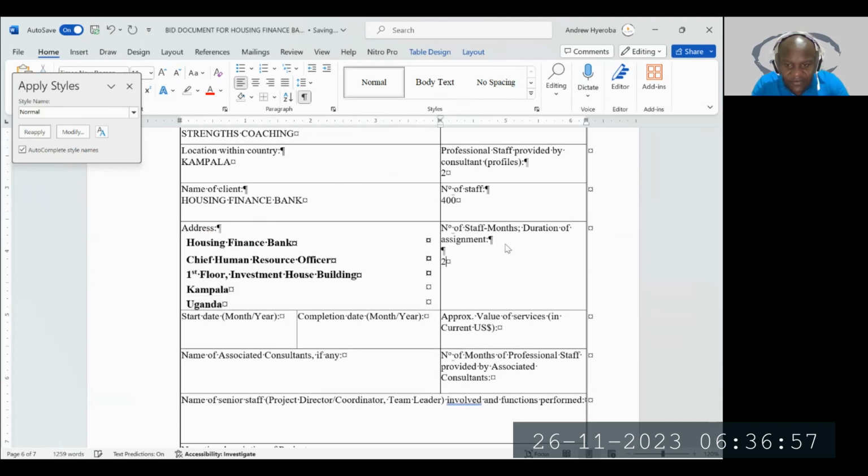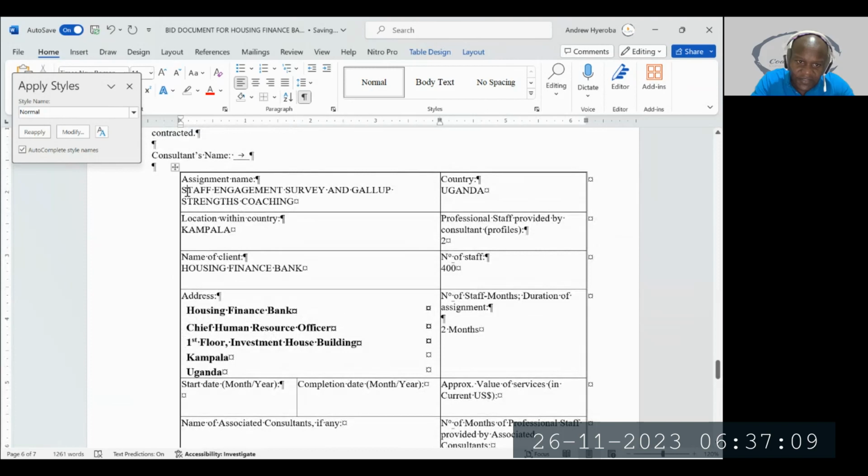We did this for 2 months, if I remember. I'm just filling one to show you what happened. So, staff engagement survey and Gallup strengths coaching, country Uganda, 2 staff, location in country.